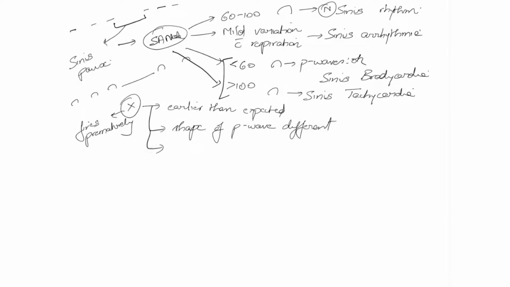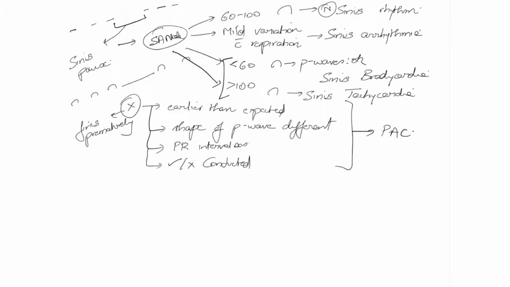Additionally, because this focus is at a different distance from the AV node compared to the SA node, the PR interval might be different. And lastly, this may or may not be conducted to the ventricles. This would be a premature atrial contraction.